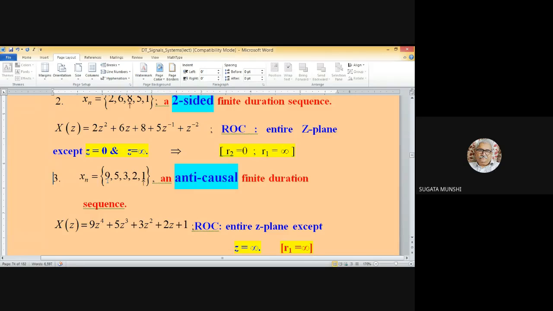So you must be able to find out the ROC for such cases also. I have discussed the infinite duration sequence, both one-sided and two-sided. I have discussed the finite duration sequence, so you can just combine your observations.